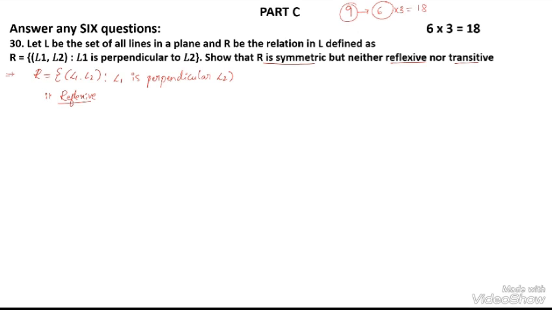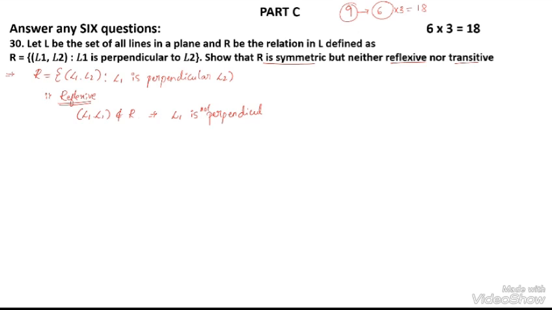By the given relation, we can directly say (L1, L1) does not belong to R. It means L1 is not perpendicular to itself.